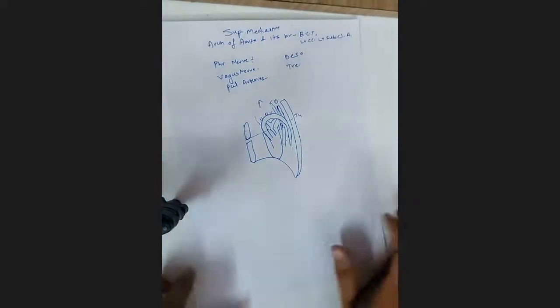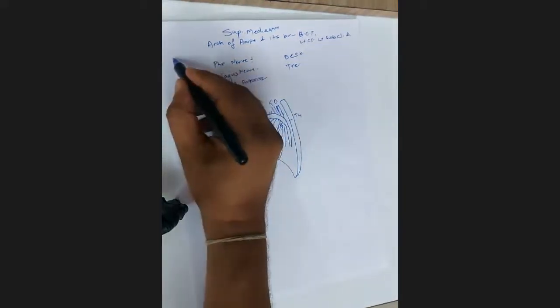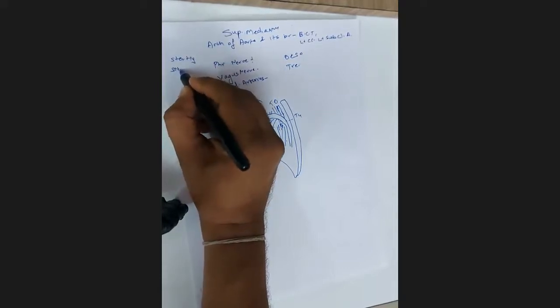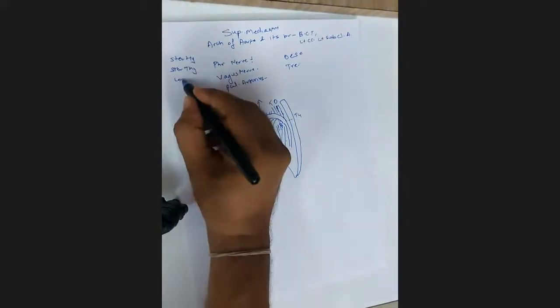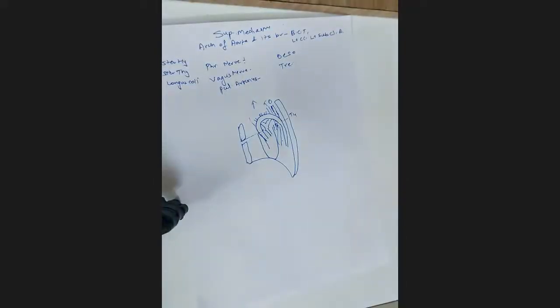Apart from that, there are a few muscles which arise from the sternum, and they are the origins of the sternohyoid, sternothyroid, and longus colli. So I add here the sternohyoid muscle, the sternothyroid muscle, and the origin of the longus colli. So these all are again contents there.